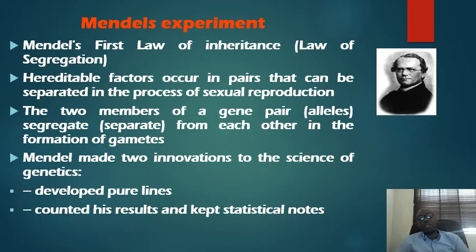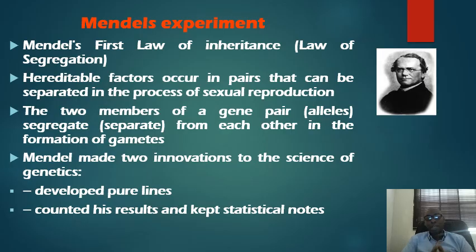When Mendel carried out the experiment, he developed pure lines. That means that he used true to type P plants that had 7 discrete or contrasting characters. For example, height, tall or short, pod color, yellow or green, flower color, purple or white.